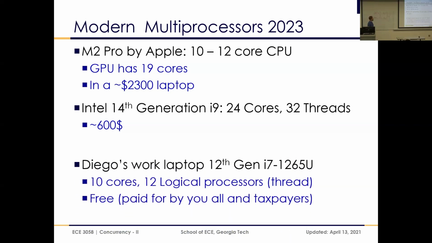So this is Diego. He's one of the other professors that teaches the course. His laptop has a 12th gen i7. It has 10 cores with 12 logical processors. So if we have 12 logical processors, what does that mean? This is what we actually see when we do Control-Alt-Delete and look at it through the OS.